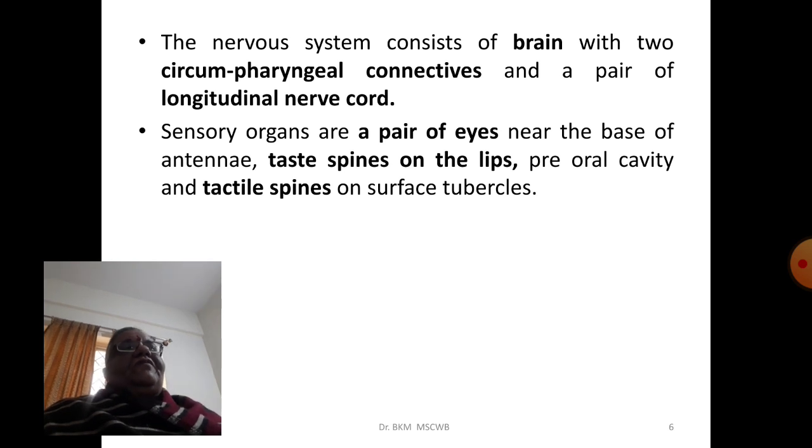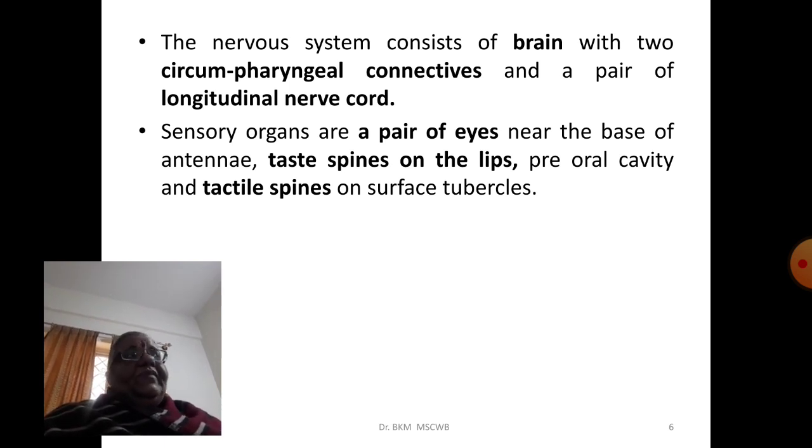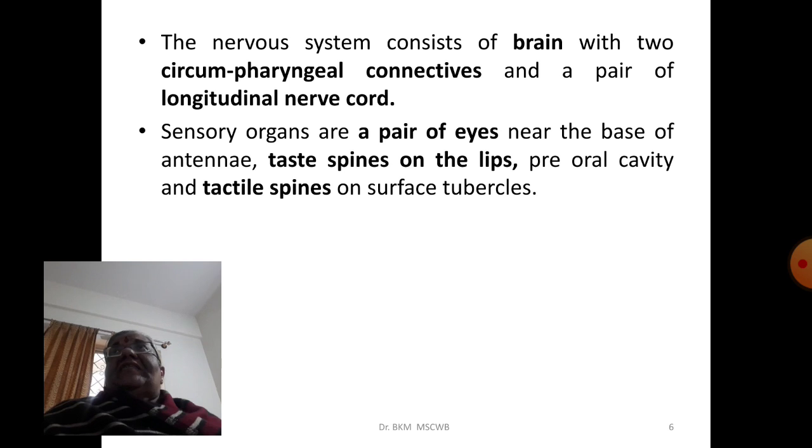Now let us talk about the unique features pertaining to the nervous system. The nervous system consists of a brain, and then you find two circumpharyngeal connectives and a pair of longitudinal nerve cords that run all over the body. Then you find a pair of sensory organs in the form of a pair of eyes at the base of the antennae.